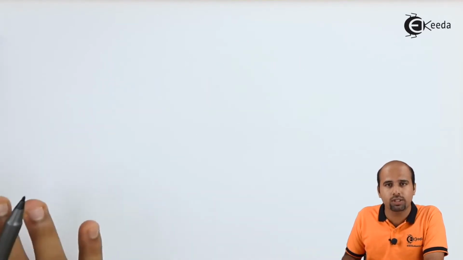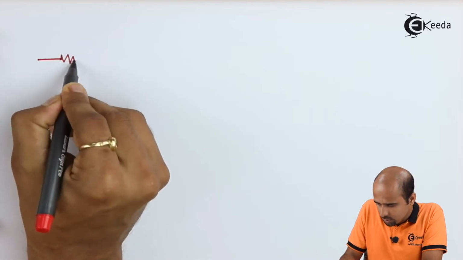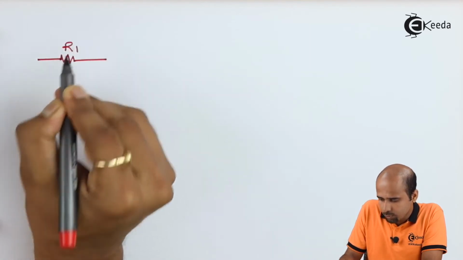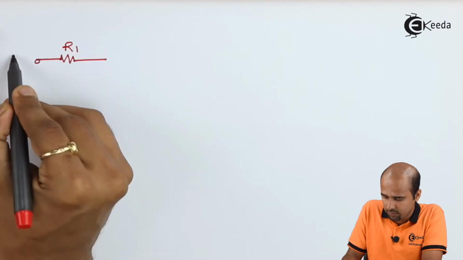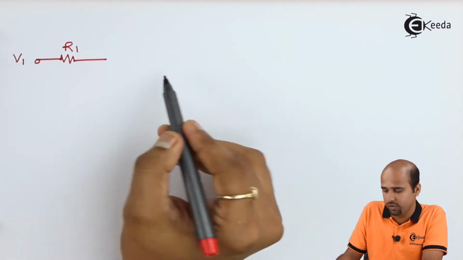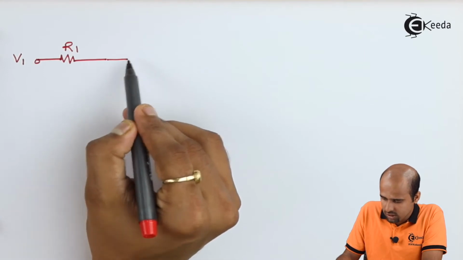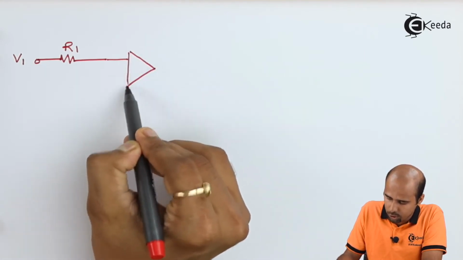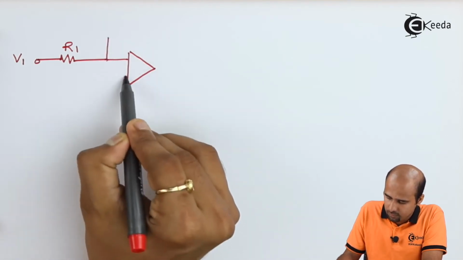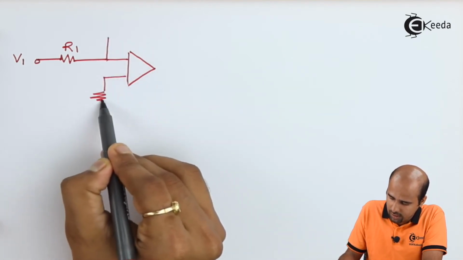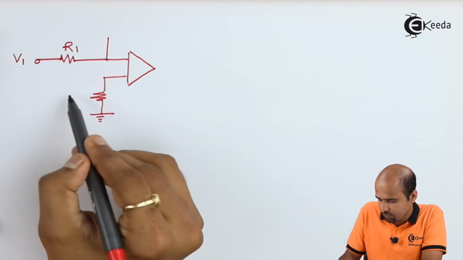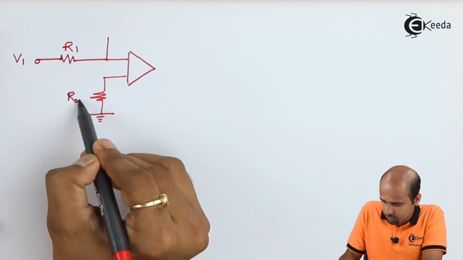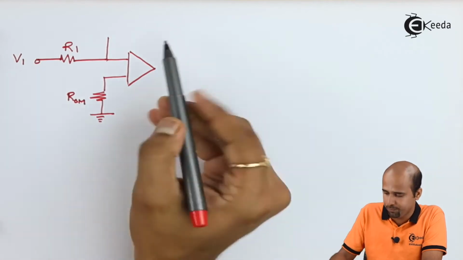Now I will draw the simple basic log amplifier using diode configuration. This is the input resistance R1. Here I am giving the input V1. This input V1 is applied to the inverting terminal of the operational amplifier. The non-inverting terminal is connected to ground through offset resistance ROM.